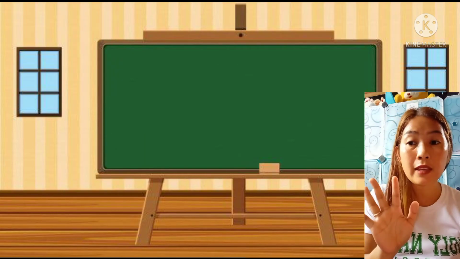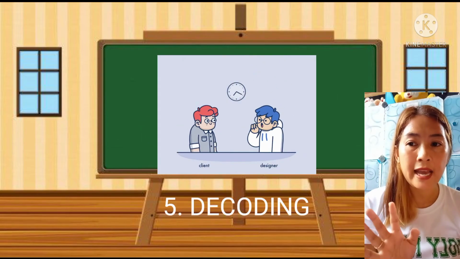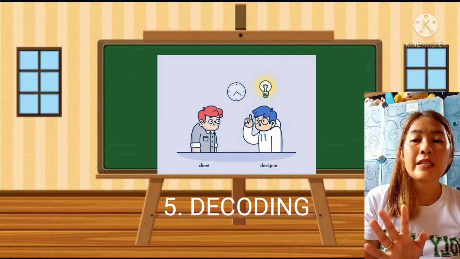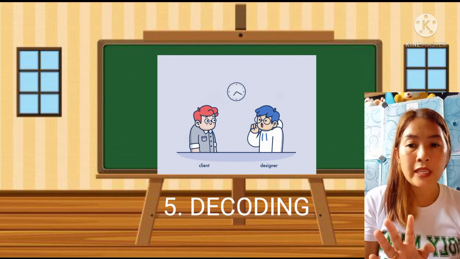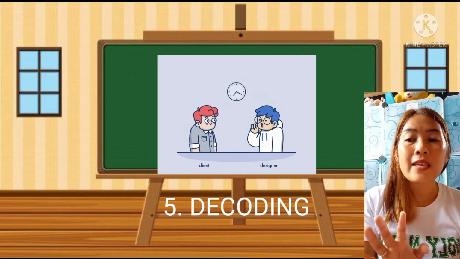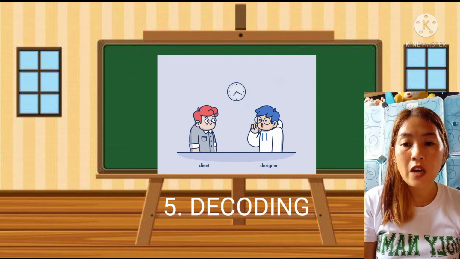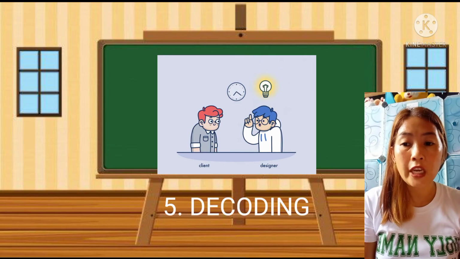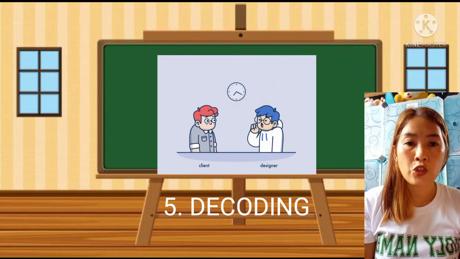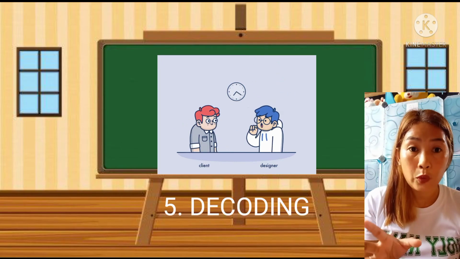The fifth element class is decoding. The decoding is the process of interpreting the encoded message of the speaker by the receiver. It is to understand the meaning of a received information in your own language. So, di ba ang encoding class, adto to siya mahitabo ni sender.